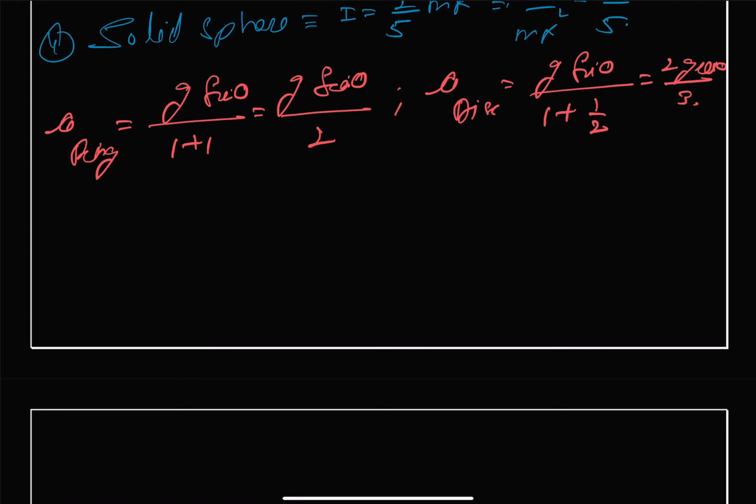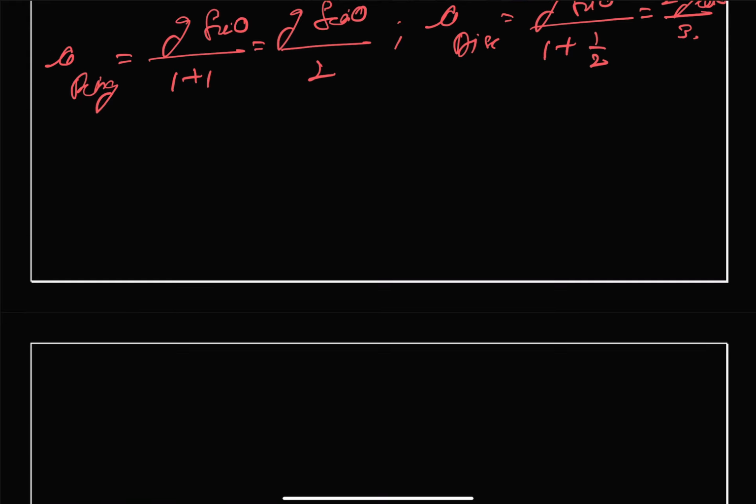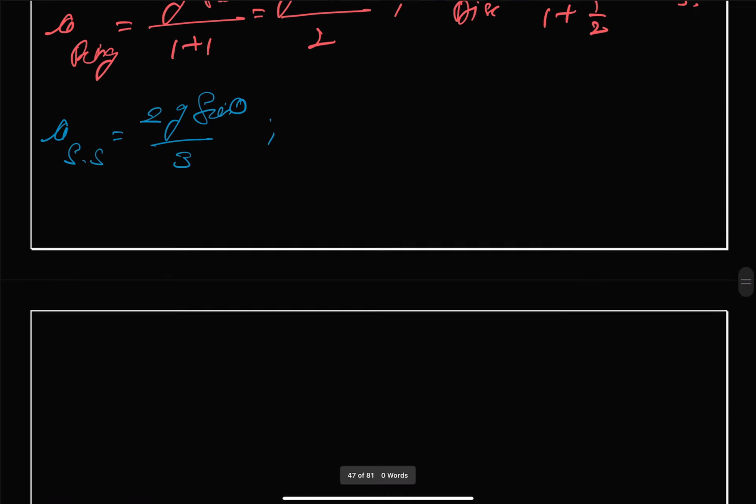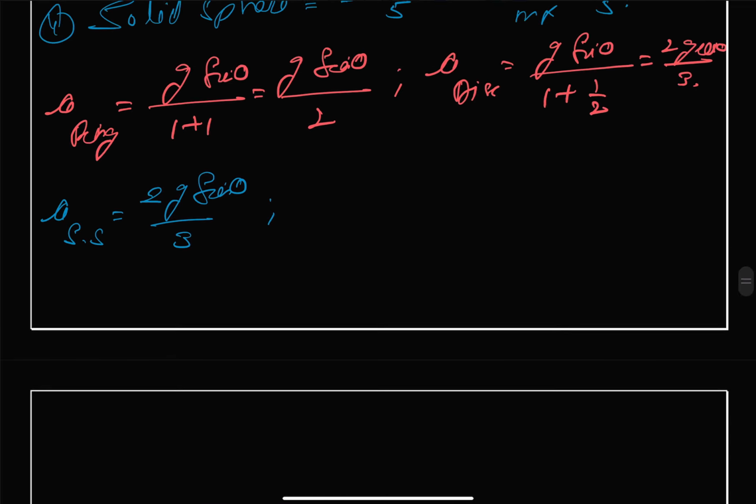And the solid cylinder is the same, so a solid cylinder will come as 2g sine of theta divided by 3. And for the solid sphere, it will come as 5g sine of theta divided by 7.